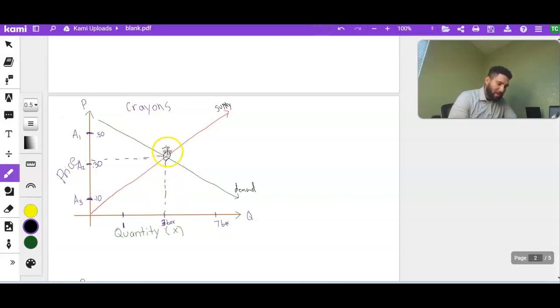But crayons don't really expire, so we're usually going to be charged a little bit more for our items. So you can see that for 3 boxes, you get them for 30 cents, maybe 33 cents if the suppliers want to make a little bit more profit. But 33 cents, they'll usually go over that price that is at equilibrium for both. Okay, so that would be the example that I would choose.